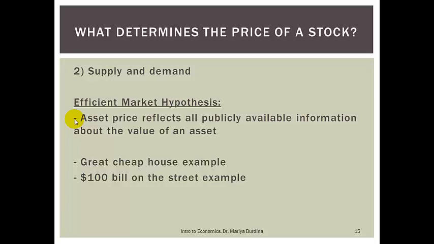The same goes for the prices of stocks. There's no such thing as a particularly good stock to buy. There's no such thing as a particularly bad stock to buy. Because the price of the stock tells you about the real value of that stock. So it's almost impossible to make a lot of profit by trying to figure out which stocks are better to buy and which stocks are not so great to buy.